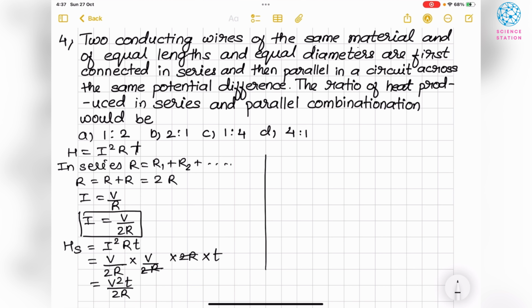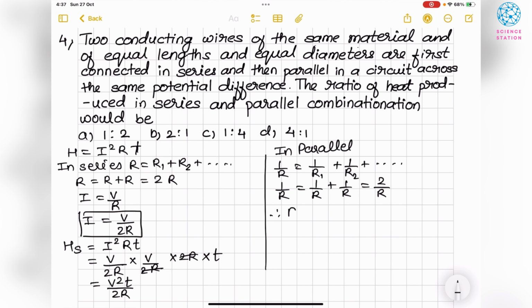And when in parallel, 1 upon R equal to 1 upon R1 plus 1 upon R2 plus so on. So here 1 upon R will be equal to 1 upon R plus 1 upon R. So that will be equal to 2 upon R. So therefore R will be equal to R by 2 in parallel.